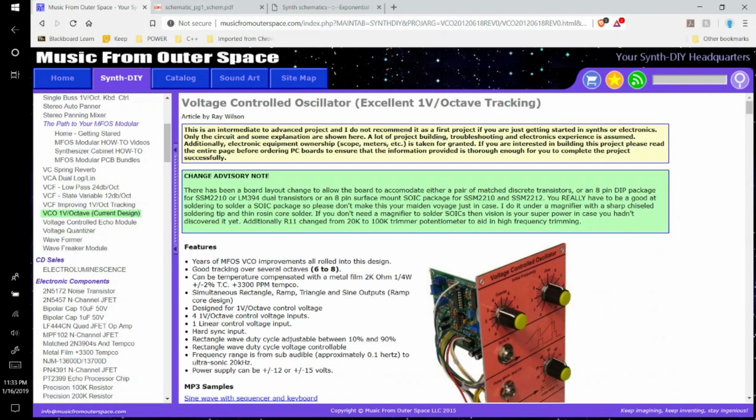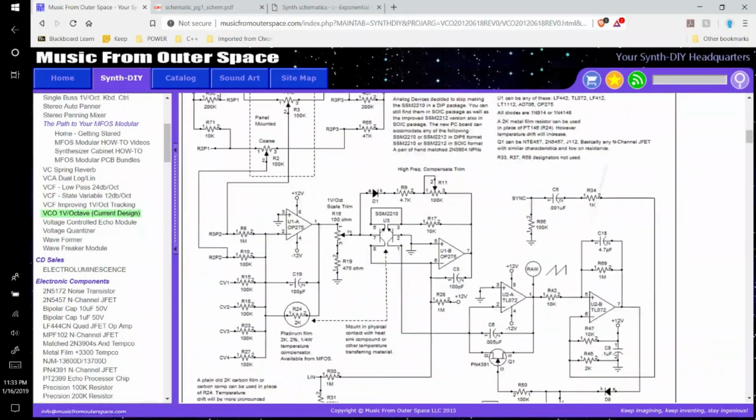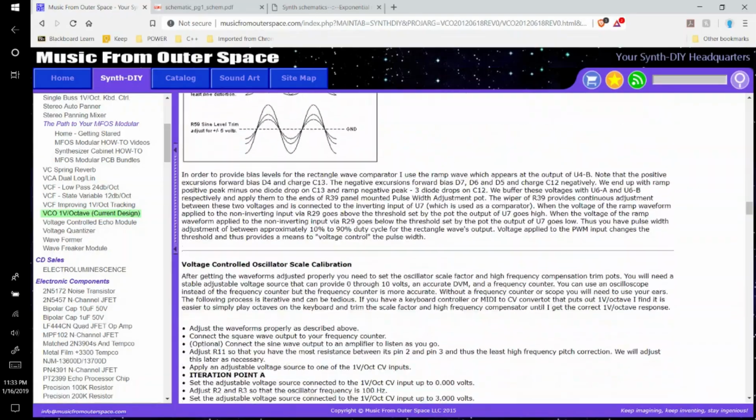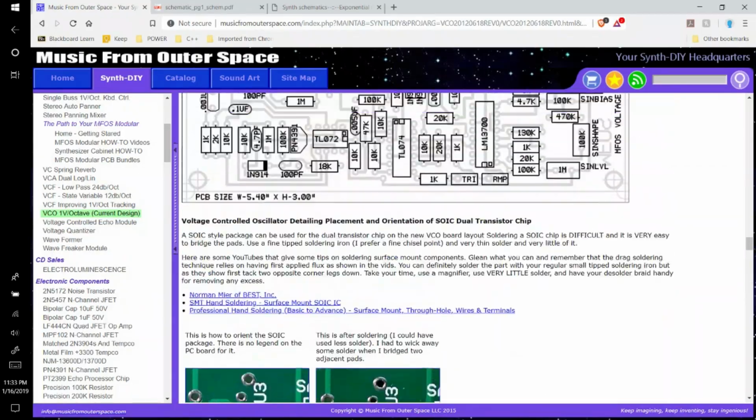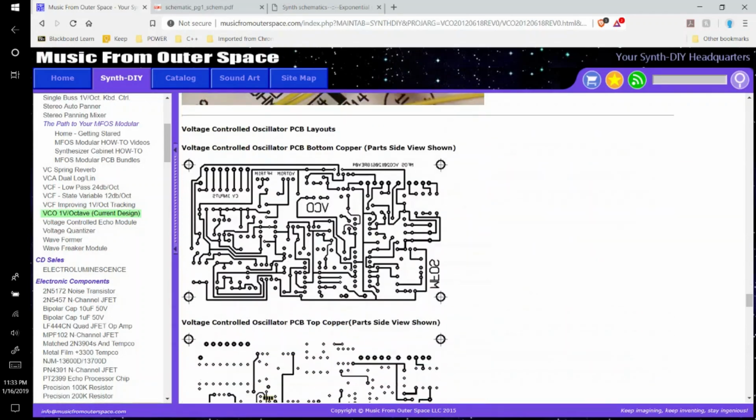So let's open the VCO, the one that I'll be talking about. This is the voltage controlled oscillator. Everything starting from the design of the circuitry, some explanation of how that works, the PCB designs, tips and tricks, and so on.